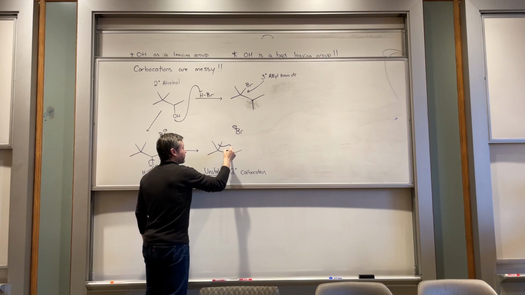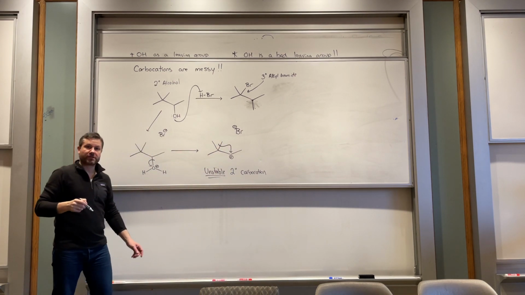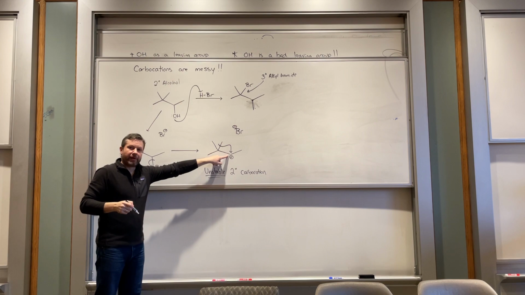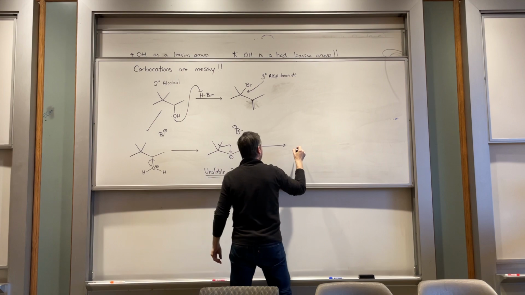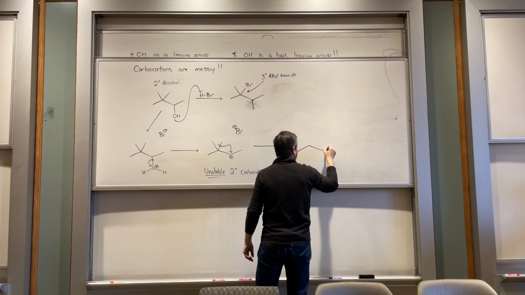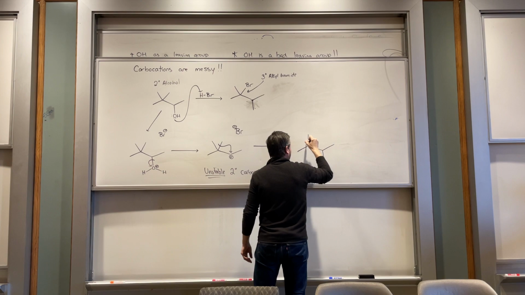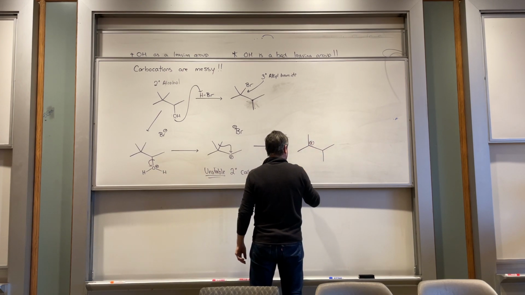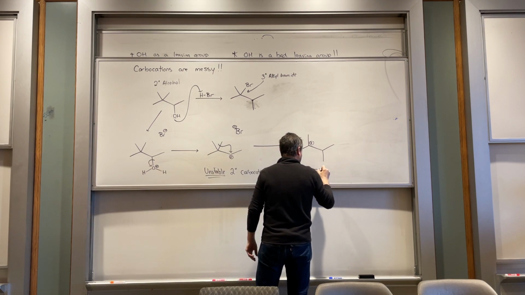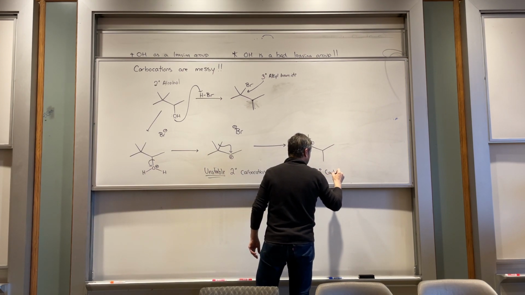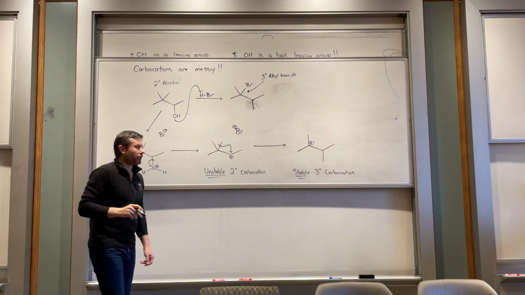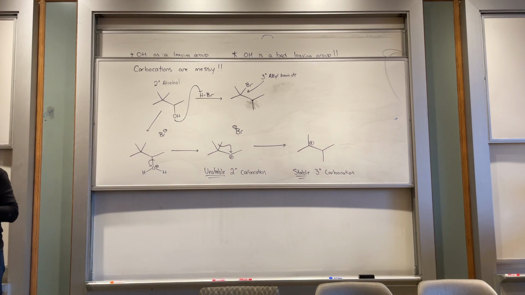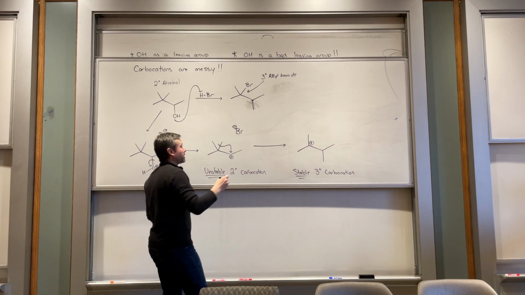And so what we're going to do is show one of the methyl groups basically leaning over and making a new bond to that carbocation. Right, and that results in the formation of a tertiary, much more stable tertiary carbocation.